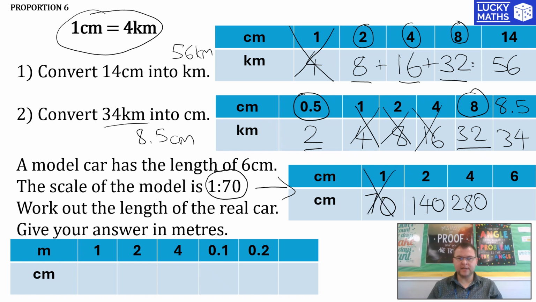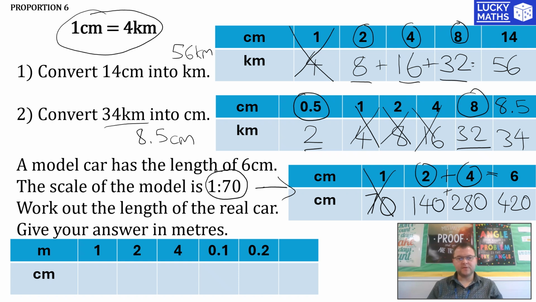Instead, I'm going to take these two answers, 2 centimetres and 4, and add them together, which means 6 centimetres is actually 420 centimetres in real life. But of course, the question has an extra component because it says give the answer in metres.